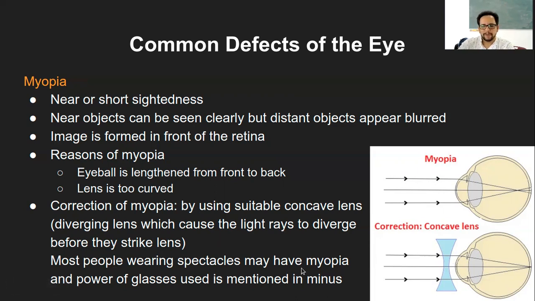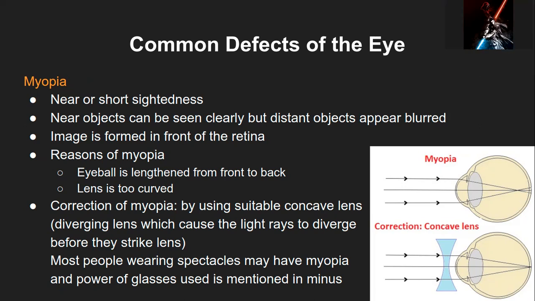Most people wearing spectacles may have myopia, where the power of the glass is mentioned in minus, like we usually say -1, -2. Why is it minus? I forgot the description of this, so I will tell you in the next class. It has something to do with the focal point. Power is 1 by focal length, but why minus?